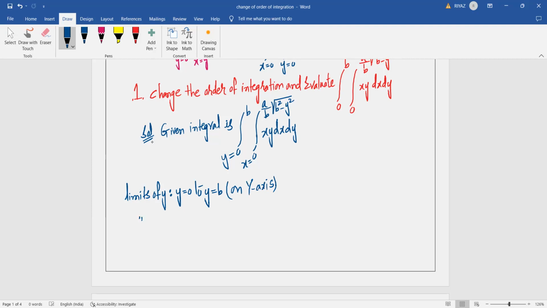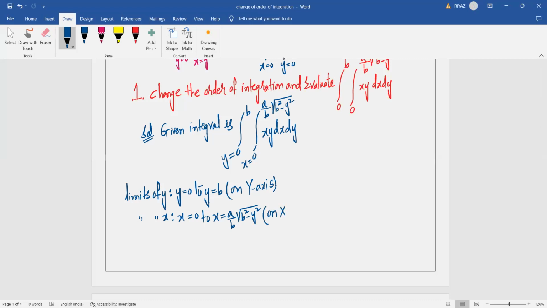Now limits of x. X is equal to 0 to x is equal to a by b root of b square minus y square. It is a little complicated limit, so definitely it lies on the x-axis.